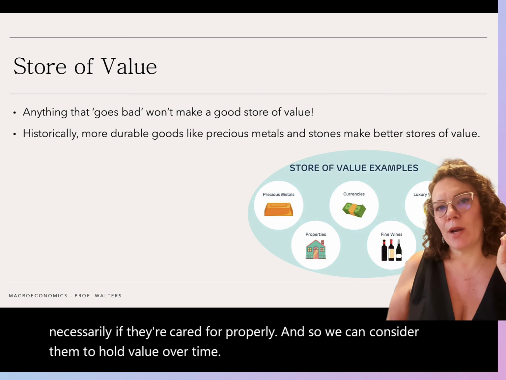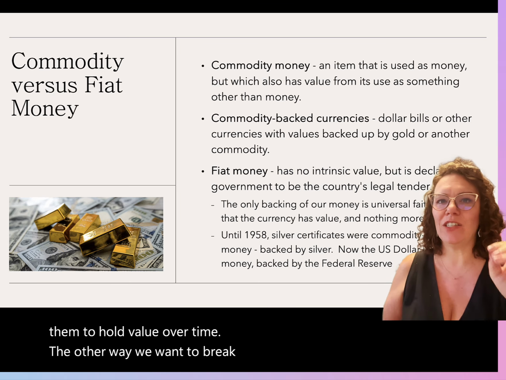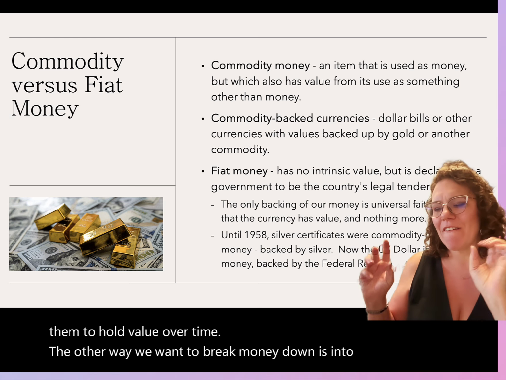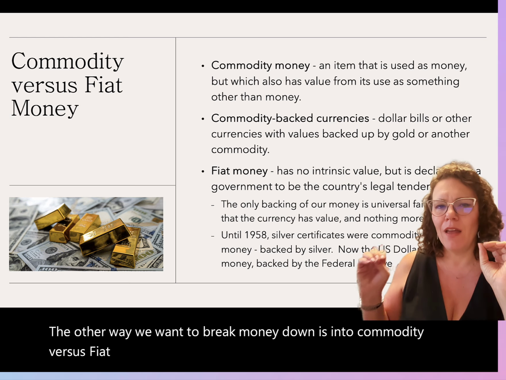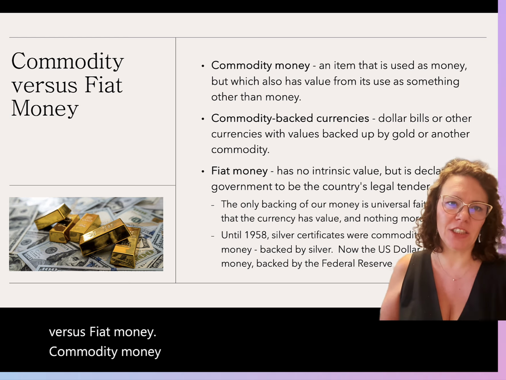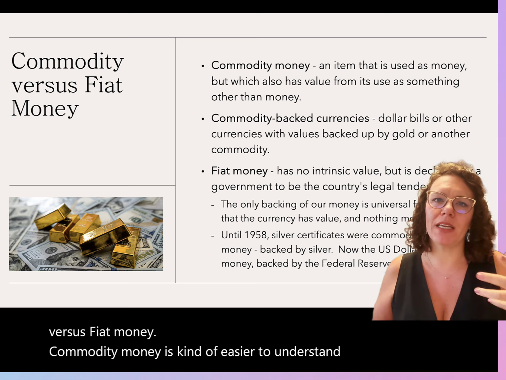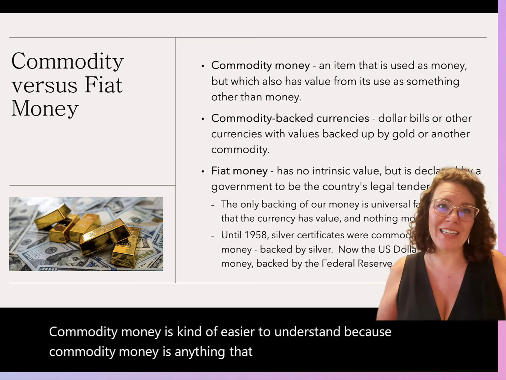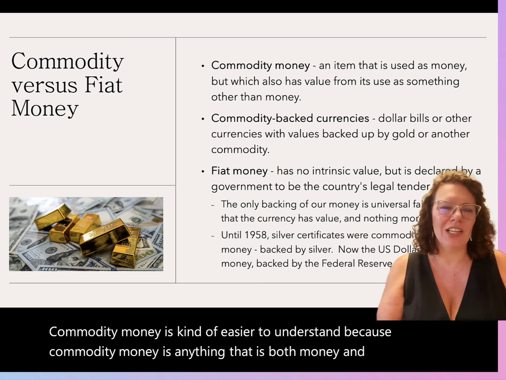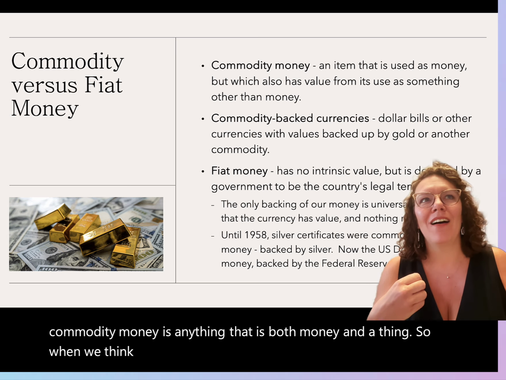The other way we want to break money down is into commodity versus fiat money. Commodity money is easier to understand because commodity money is anything that is both money and a thing.